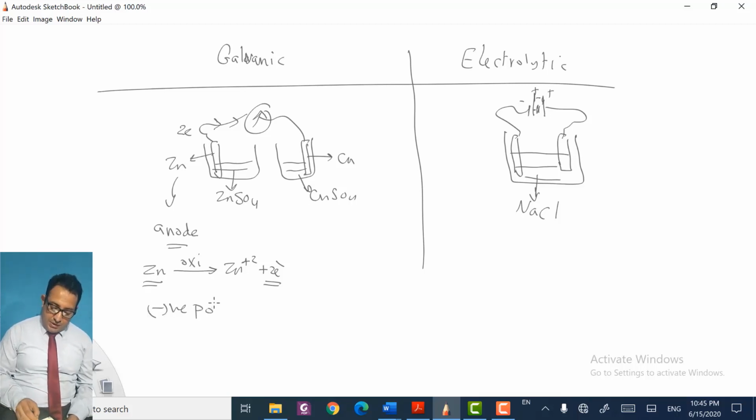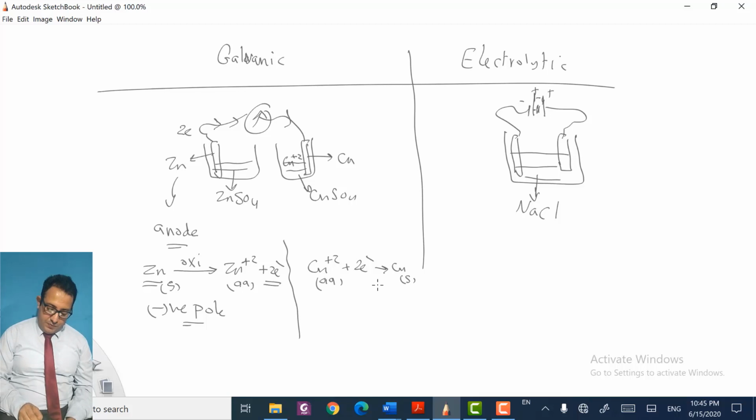So the zinc works at the anode and it's the negative pole since it's producing the electrons. And the Cu2+ ions in the solution take the 2 electrons that come from the zinc and change to Cu solid, from aqueous to solid.